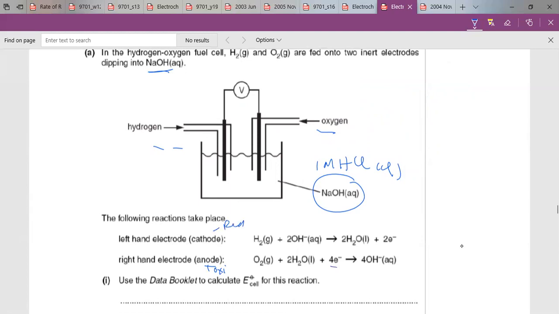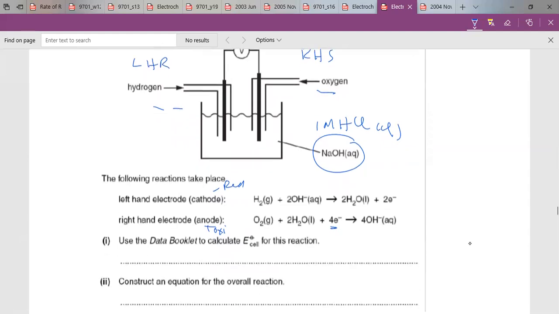But here it's reduction. Don't care. In exams, you play the game according to what Cambridge says. You don't be too smart. They're always right.